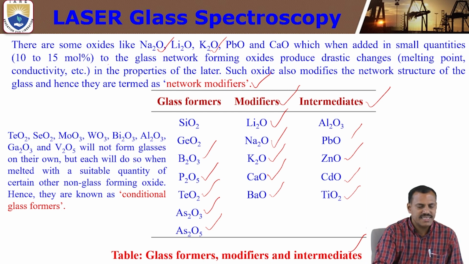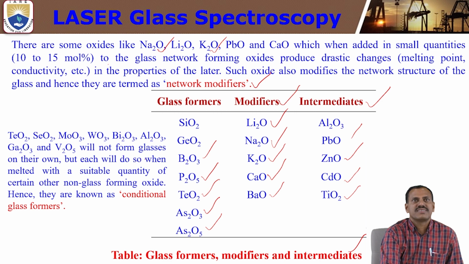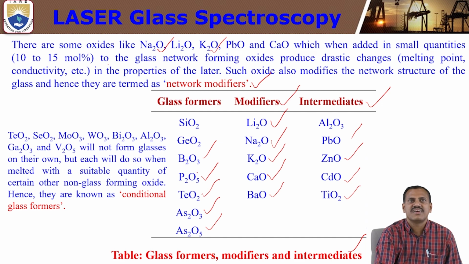Here you see tellurium oxide and selenium oxide, MoO3 molybdenum trioxide, WO3 tungsten trioxide, bismuth oxide, aluminum oxide, gallium oxide, and vanadium oxide. These will not form glasses on their own, but each will do so when melted with a suitable quantity of certain other non-glass-forming oxides. Hence, they are known as conditional glass formers.